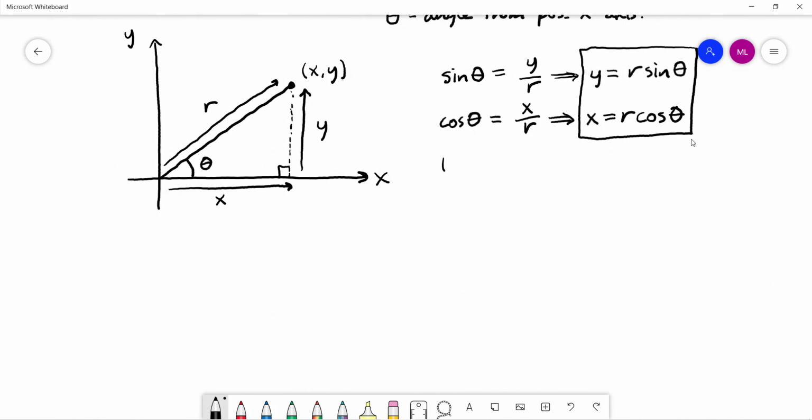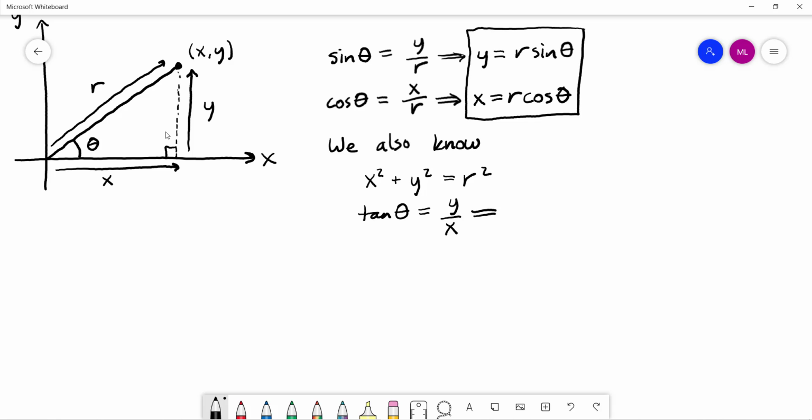Similarly, we also know that because this is a right triangle, the Pythagorean theorem holds, and that tells me that the length of this side squared plus the length of this side squared will equal the length of this side squared. So we also know that x squared plus y squared is equal to r squared. And similarly, we know that the tangent of theta is equal to y over x, which if we solve that for theta by taking the arctangent, we can get that theta is equal to the inverse tangent of y over x.